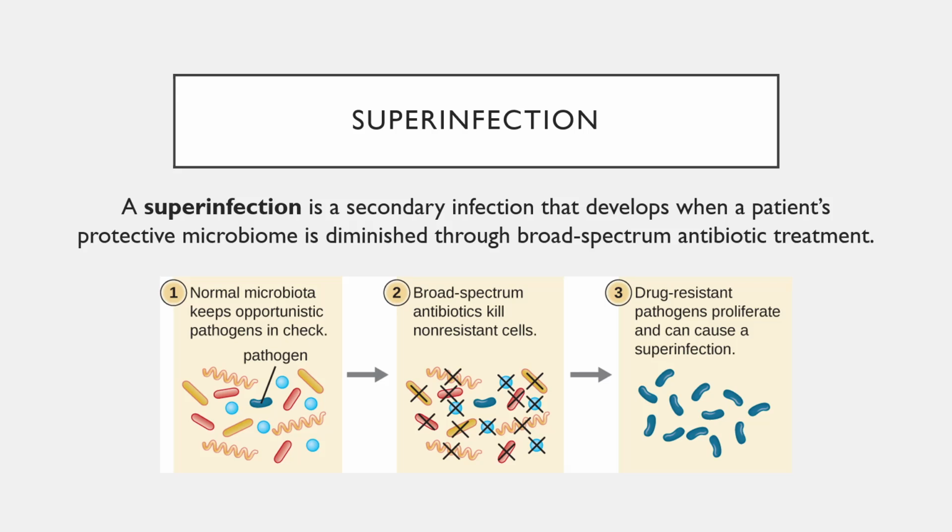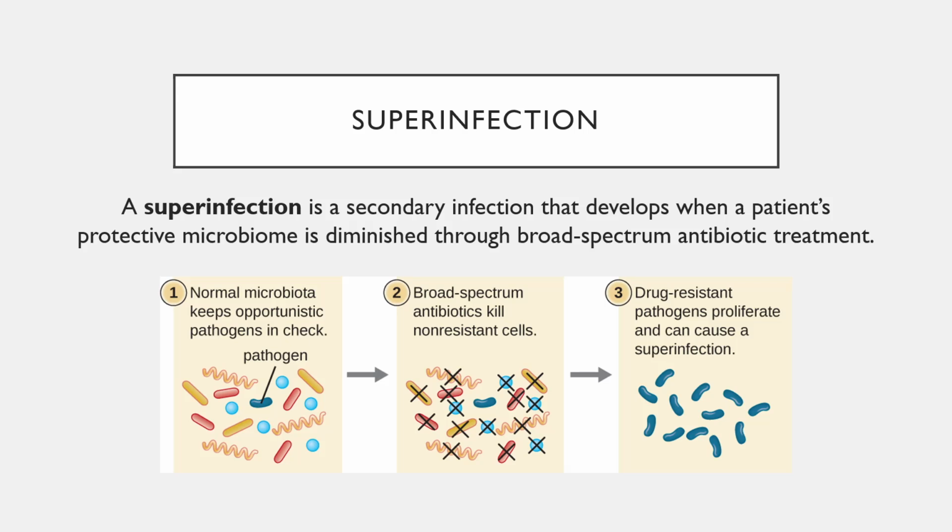And when those good microbes are diminished, it can give the bad microbes the opportunity to develop into an infection because they've lost their competition. So superinfections are a risk when using broad-spectrum antibiotic treatment. One example of a superinfection that can develop after broad-spectrum antibiotic treatment is C. diff, which we'll talk more about later.